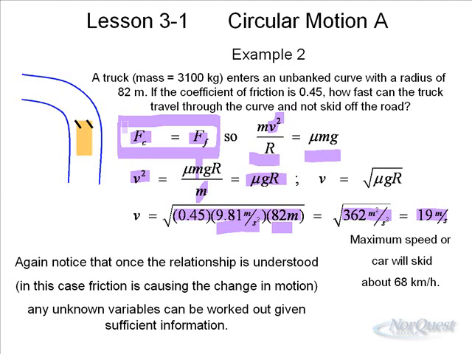Because you know, probably from experience, as you go through a tighter curve, you're more likely to spin out. Let's say if you're at the go-kart tracks, or if you're just riding your bike or whatever. So, as I said, once you understand the relationship and how the formulas work, then you can manipulate these formulas and solve for your unknown. All right?